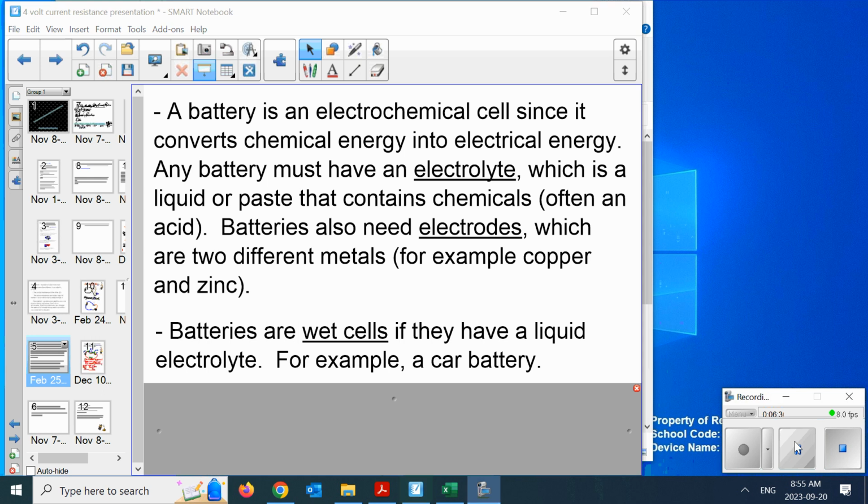Somebody mentioned a battery must have an electrolyte, a liquid or paste that contains some chemicals. Then I was just asked by someone, doesn't Gatorade advertise they have electrolytes? Yes, they do. And actually electrolytes are necessary in your body. They're usually positive or negative ions.